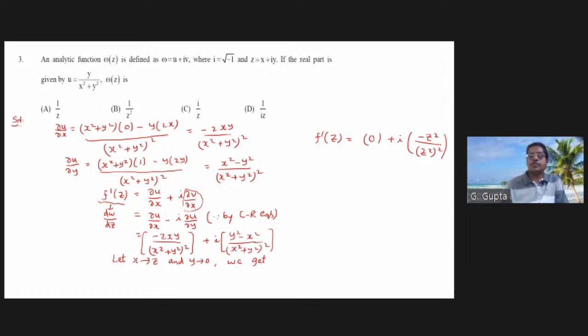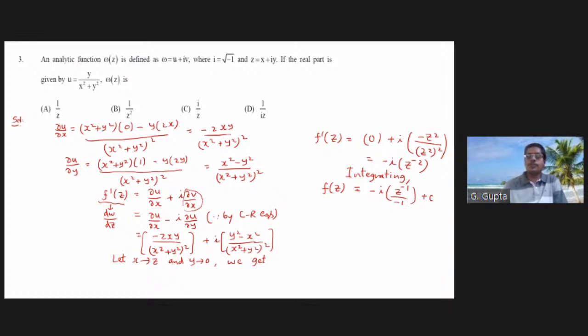One z square cancels, so minus i times z power minus 2, which looks like z power n, so integrating, f dash z after integration gives f of z. So minus i times z power n integrates to z power n plus 1 divided by n plus 1, plus c.